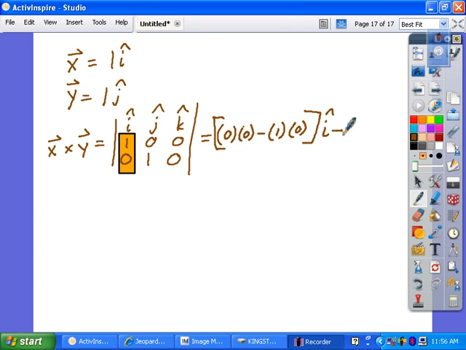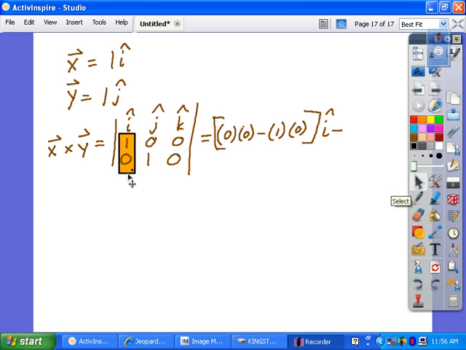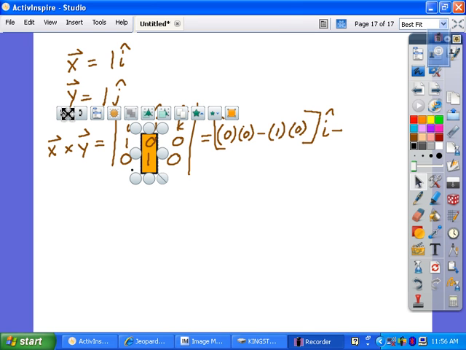Okay? Minus. Let's move our box over here. I would just use my thumb if I were you, put your thumb over those two numbers just to hide them temporarily.